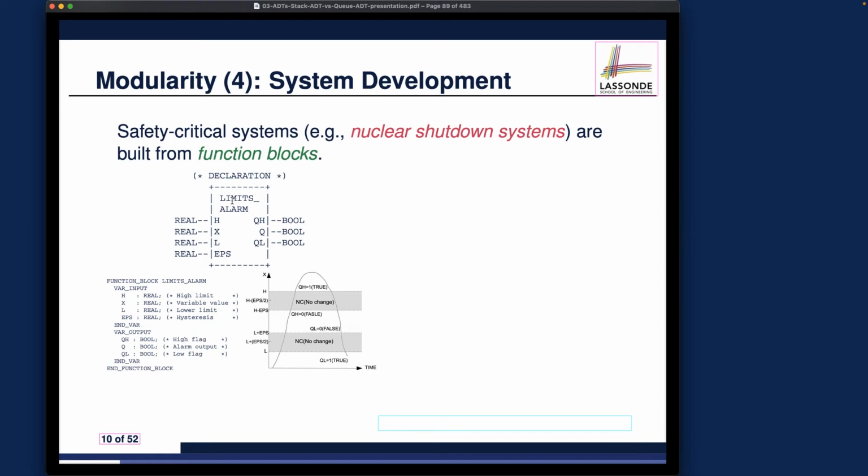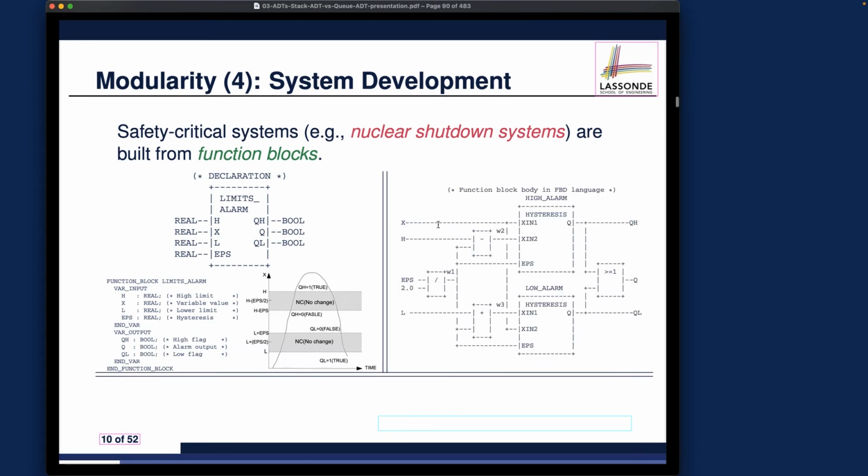To really implement the limits alarm, we can do some composition of modules. We have one thing called hysteresis. For those of you who took a course in control systems, you will know what hysteresis is. But for now, let's not worry. Just think of them as function blocks used to build the limits alarm.